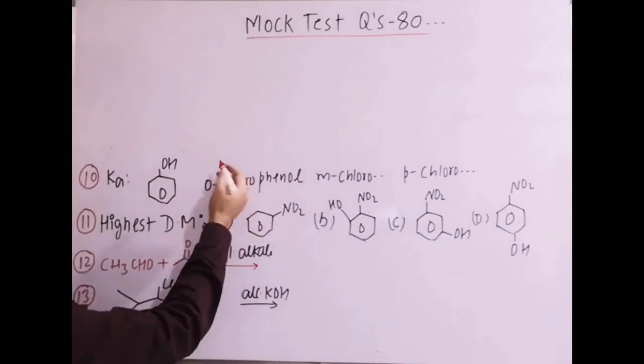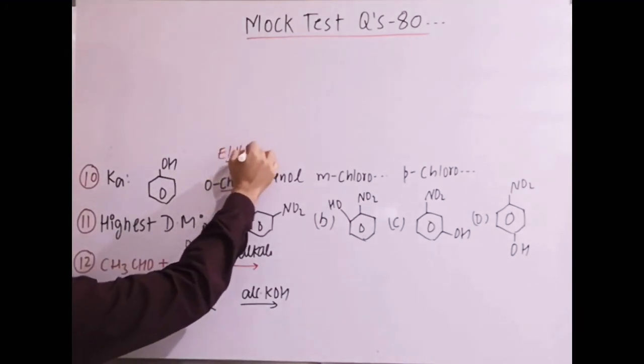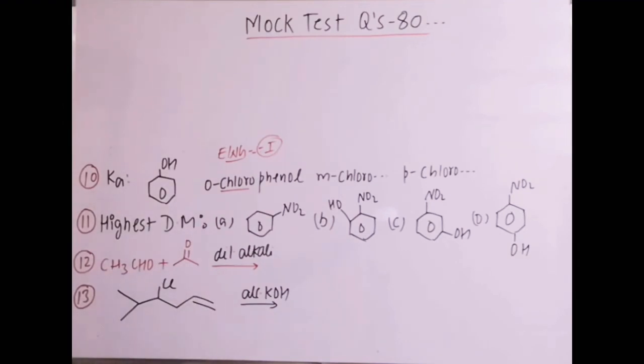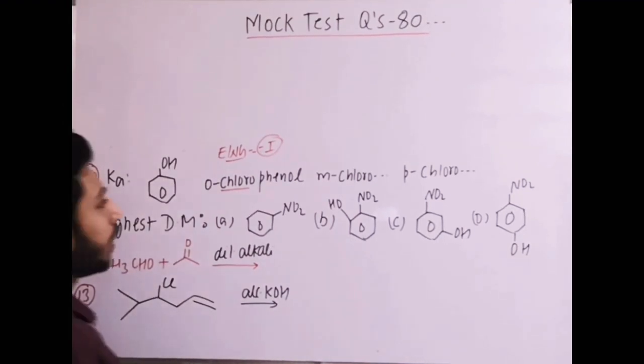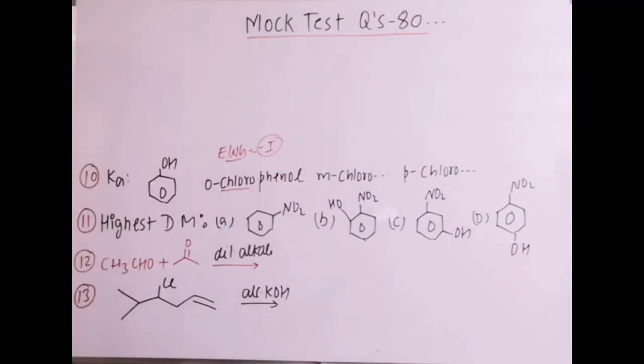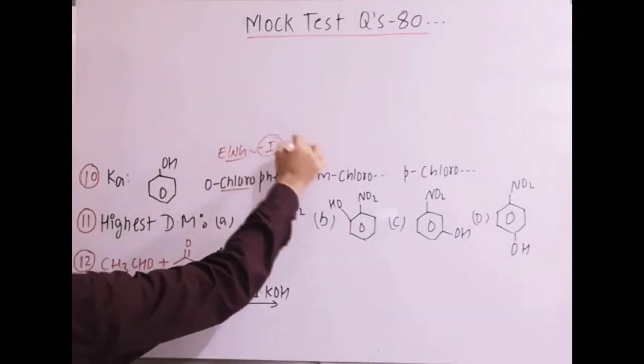Orthochloro. For Cl, which factor do we mainly use as dominating? The electron withdrawing effect, that is due to minus I. Okay? It also has a plus M effect, but generally the withdrawing effect of halogen dominates. So among them, where it is closest, because the inductive effect is distance dependent, where is it maximum? At the ortho position.